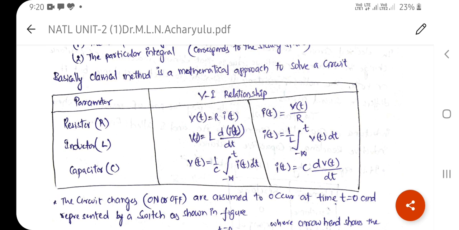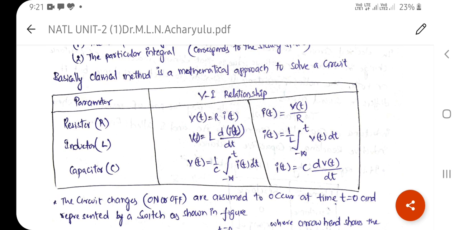For the inductor, the voltage is V of t equal to L di by dt, and I of t equals 1 by L integral from minus infinity to t of V of t dt. For the capacitor, the voltage dropped across it, indicated by Vc, is V of t equal to 1 by C integral from minus infinity to t of I of t dt, and the current through the capacitor is I of t equal to C dv of t by dt.